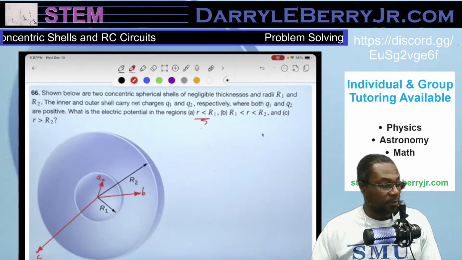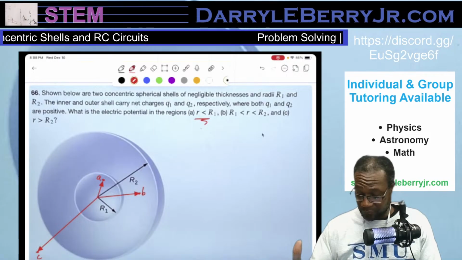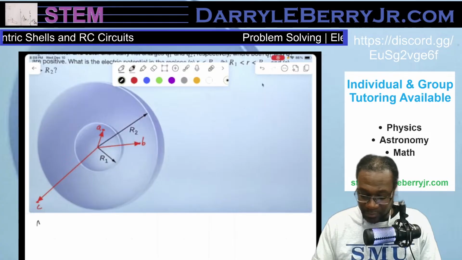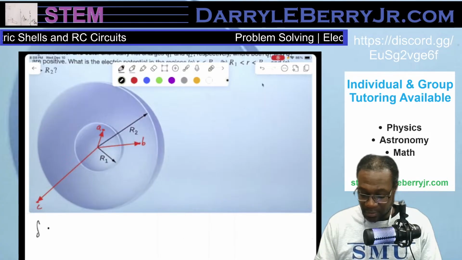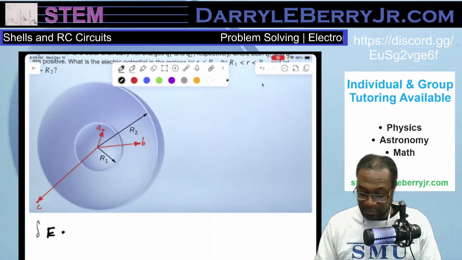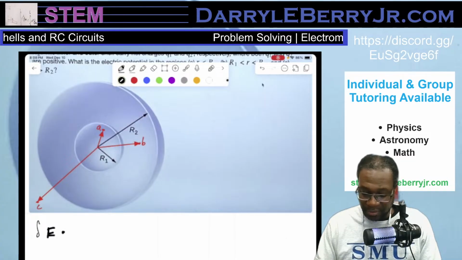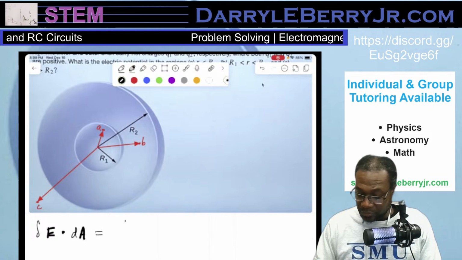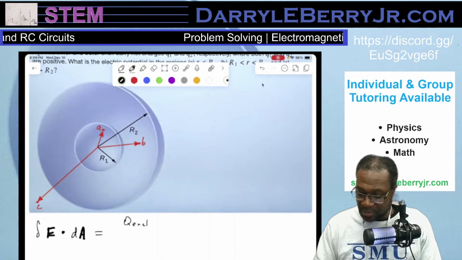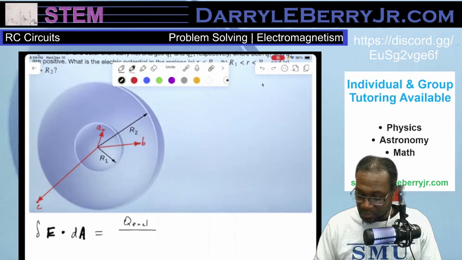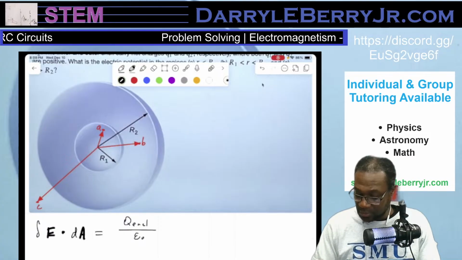All right. So to get the electric field, which is the thing we'll use first, is this equation here, which I probably should do better about remembering the names for. But the electric field is going to be the dot product of the electric field with the area the electric field is emitting from, equal to the charge enclosed divided by epsilon naught, which is a constant of the universe.